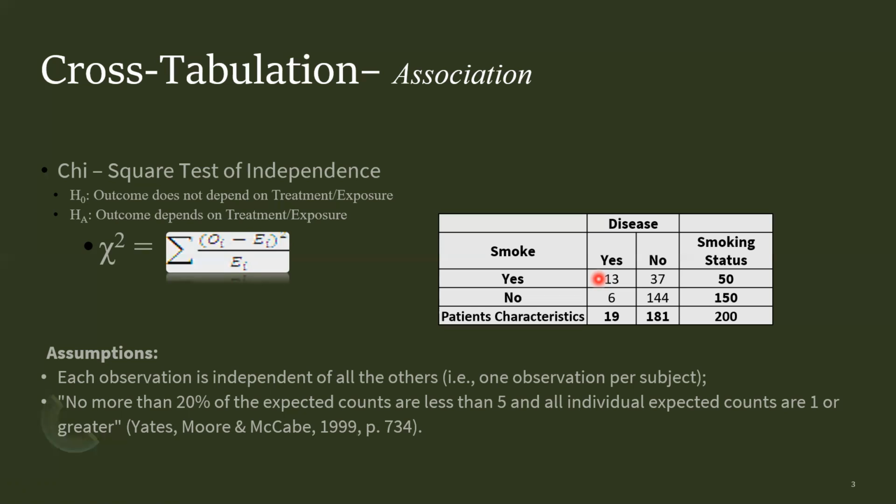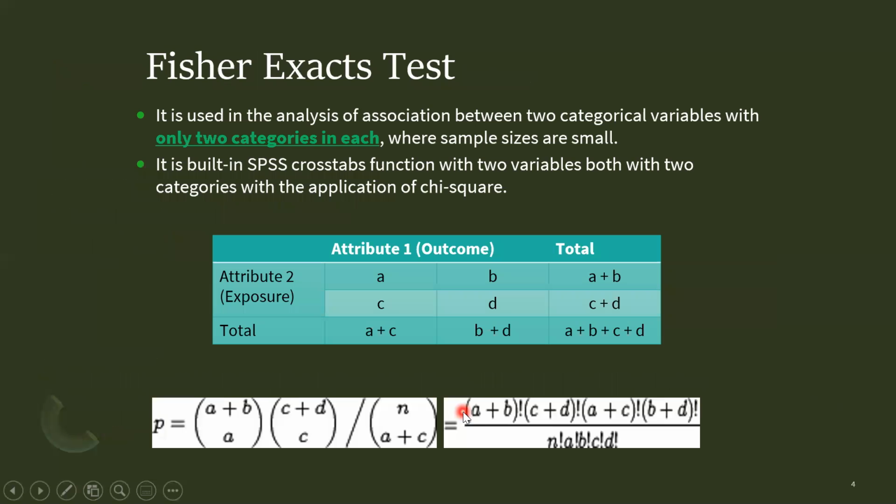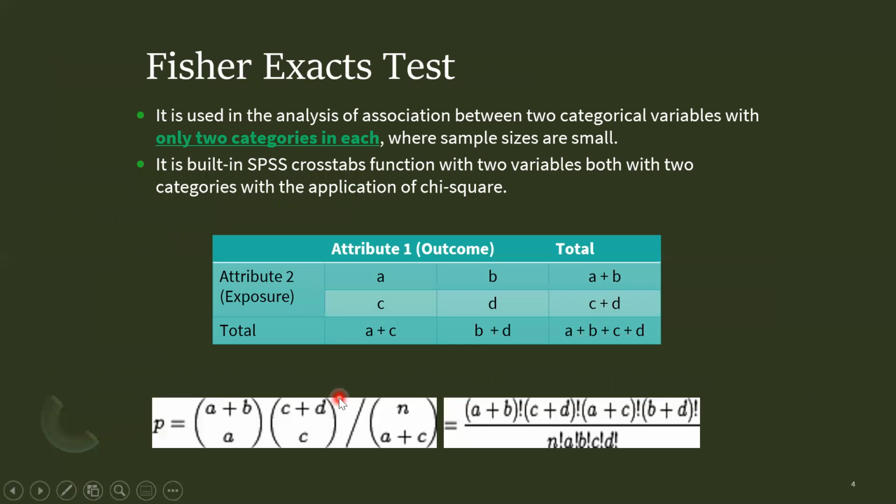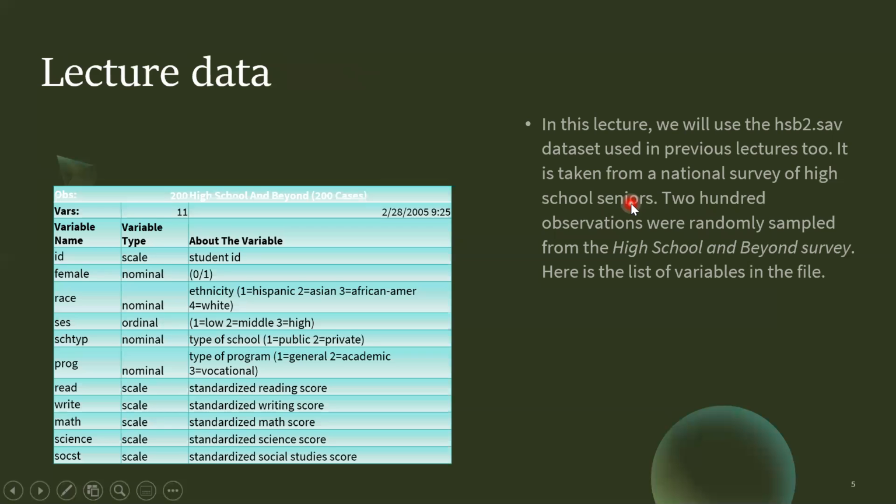This is computed by SPSS, and it also tells in the output what percent of the expected counts are less than 5. If the second assumption is not fulfilled and we have two categories in both variables, we will see the Fisher exact test, which is obtained in the output of the chi-square.